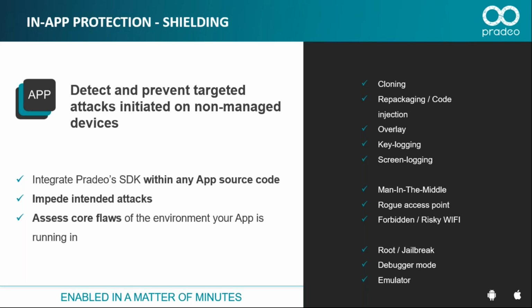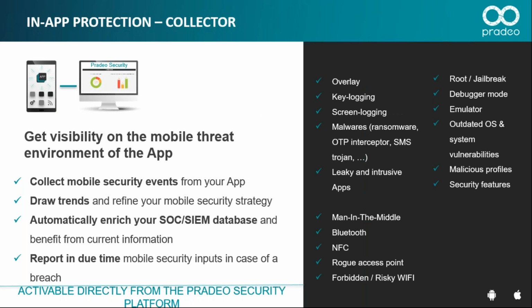By embedding the Predio SDK into application code, this option empowers apps with core shielding capabilities against app cloning, overlay, man-in-the-middle, rogue access points. Basically, you have the whole list of threats and attacks that we can prevent. But there is zero reporting. The app will be protected from different types of attacks, but this option does not give you any information on the detected threats.